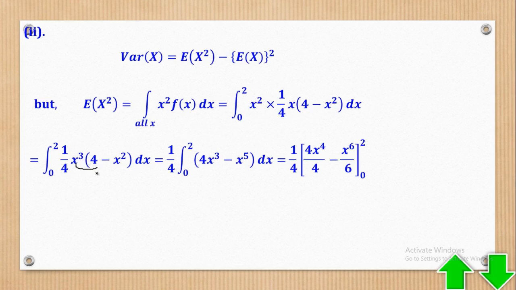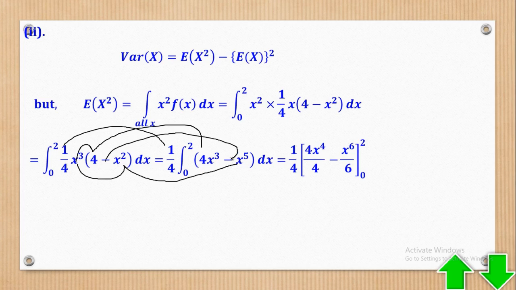So we have to bring this X cubed inside, and this a quarter can be put outside because it's a constant. So X cubed times 4 gives me 4X cubed. Then again X cubed times X squared gives me X power 5. Then this minus is maintained.